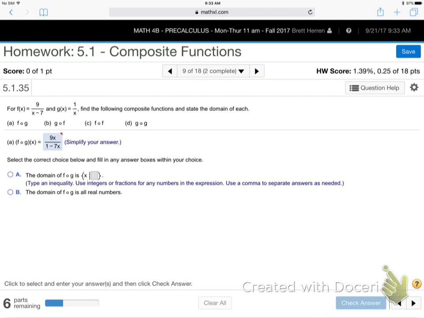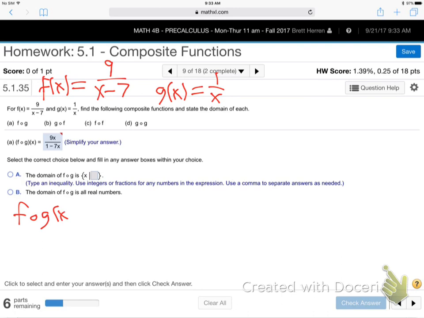Okay, make it a little bigger if you can read it. f of x is 9 over x minus 7, and g of x equals 1 over x. And they're asking us for f of g of x. So again, that just means generally put g in f, because there's just x, no particular number.